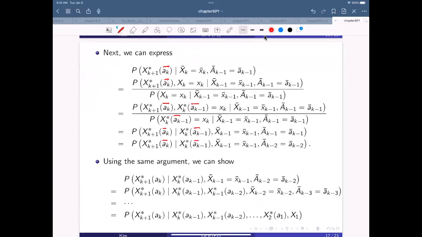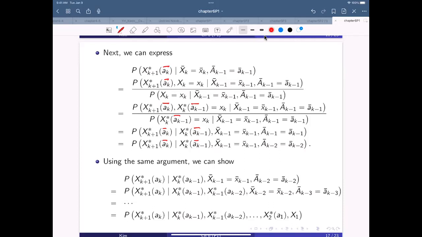Conditional on this one, this guy is A bar, and then this one becomes a conditional.